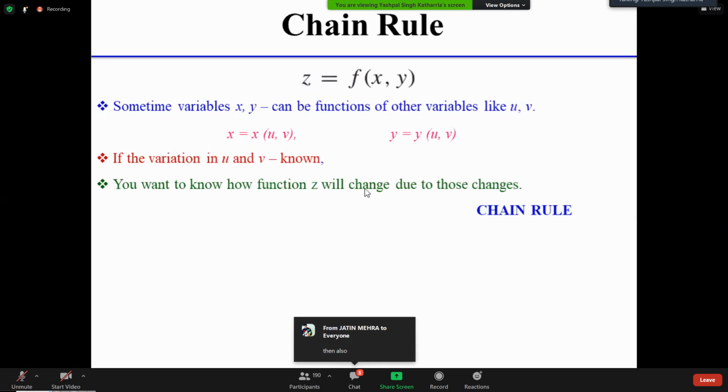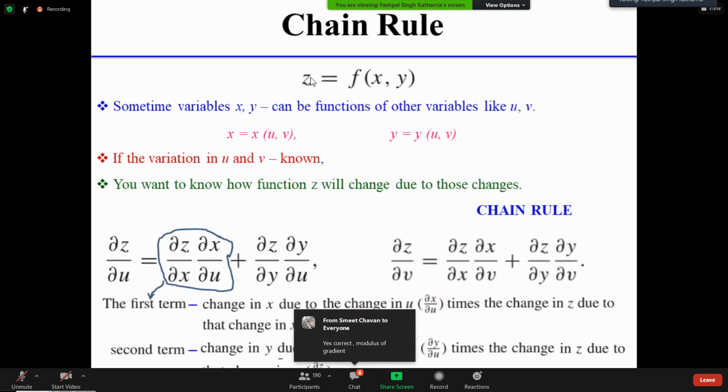To write the change in z, we use what we know as the chain rule. In that case, the change in z with respect to u can be given as del z over del x multiplied by del x over del u, plus del z over del y multiplied by del y over del u.